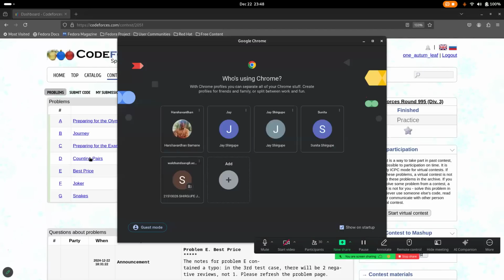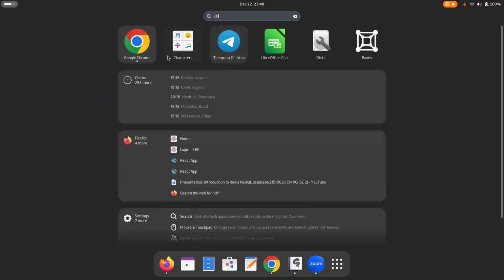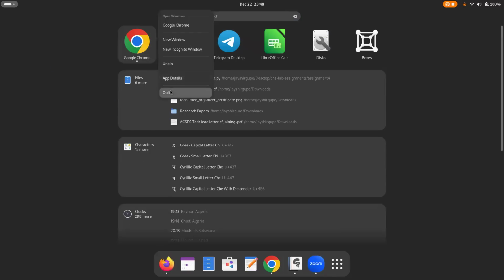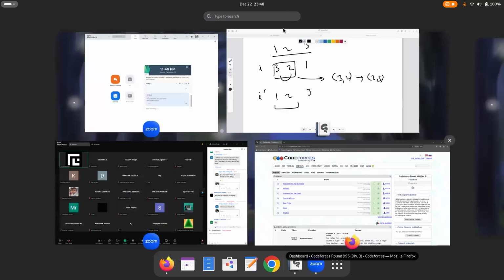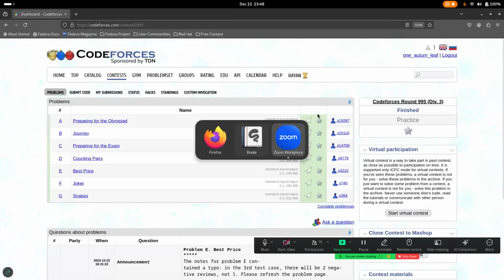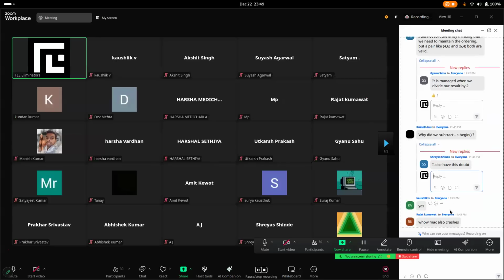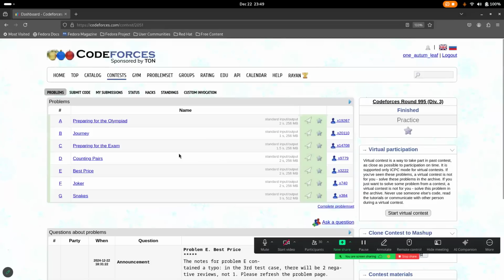This is not actually a Mac, it's Fedora, so yeah, it crashes pretty often.